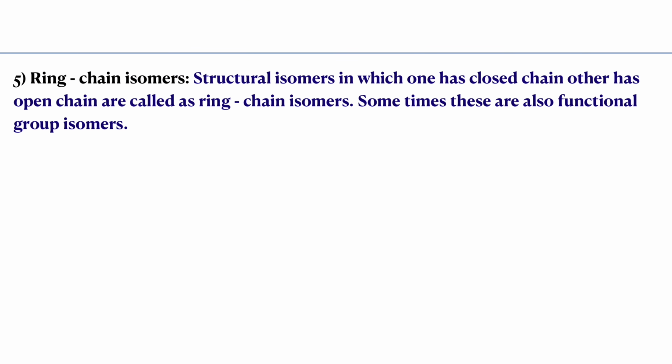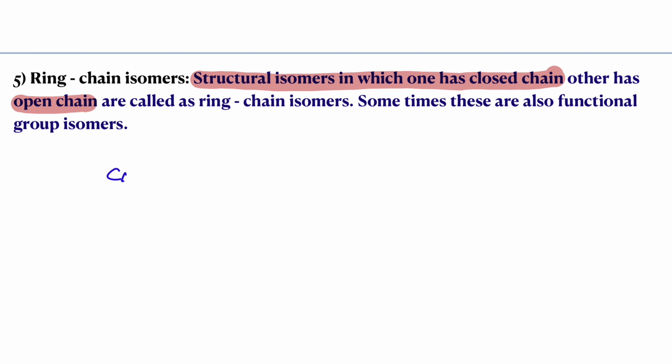Last type of structural isomerism, ring chain isomerism, ring chain isomers. Understanding the definition is important. So structural isomers in which one has a closed chain and another one has an open chain. So the carbon framework is different. In one isomer we have a closed chain, that is a ring structure. In another isomer we have an open chain. Such types of isomers are ring chain isomers.